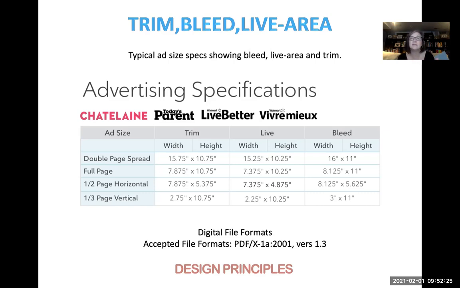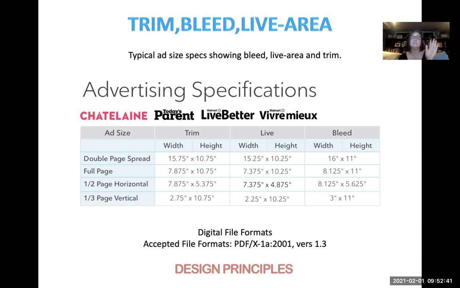So Grand Magazine is 8.5 by 10.875. And you can see that this advertising, the trim size here for a full page is under 8 inches. So this is 7.875 by 10.75.